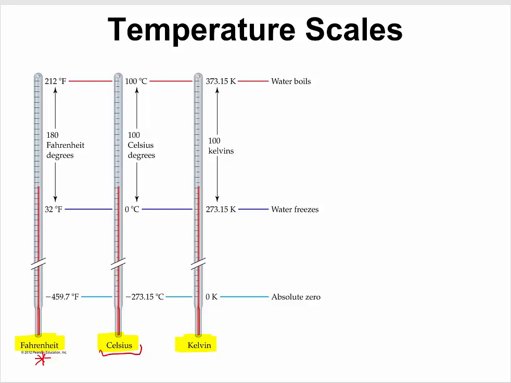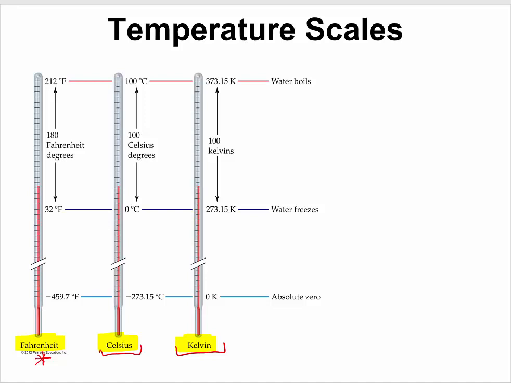And the SI unit for temperature is the Kelvin. So we must be very good at converting from one unit to another, because if you are an American and you travel to, for example, Canada, they do not use Fahrenheit. In Canada, you would have to speak their language.